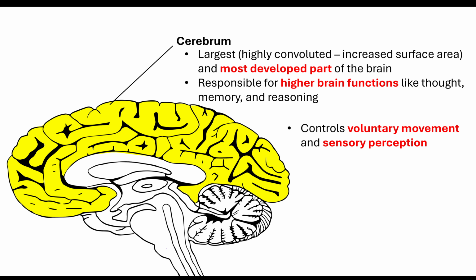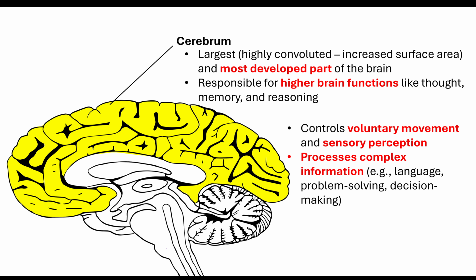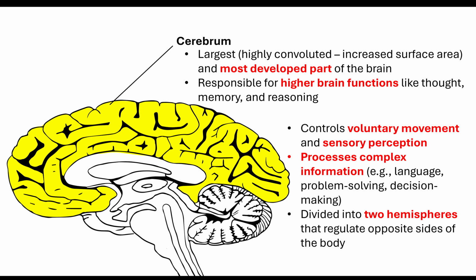So the sensory neurons are connected to the sensory part of the cerebrum. Not only does it receive the sensory input, it also processes complex bits of information. So things like language, problem solving, decision making, this is all happening within your cerebrum.